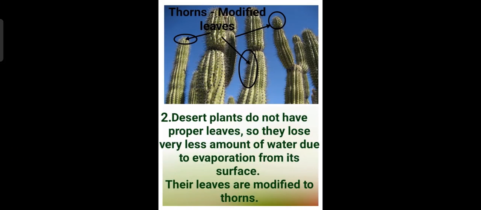Desert plants don't have proper leaves, so they lose very little water due to evaporation from the surface. These leaves are modified into thorns, as you can see in the picture.